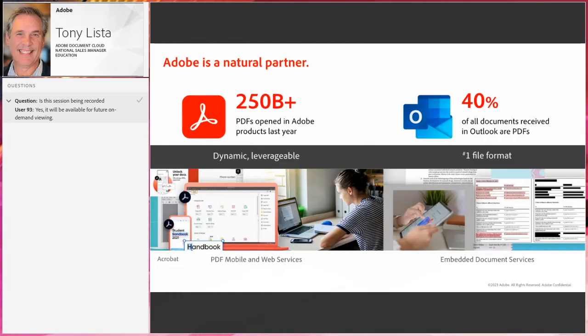A couple more things I want to point out. Again, these are not meant to be selling, but more informational for you. We like to bring up the fact that 250 billion PDFs are opened each year by our customers around the world. And for those of you in a Microsoft environment using Outlook, 40% of every attachment that you receive is a PDF.